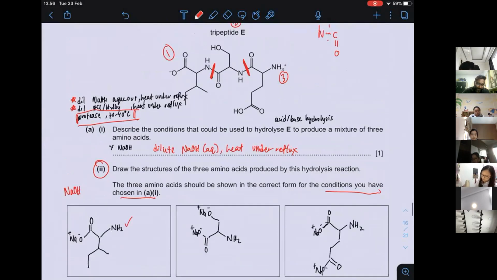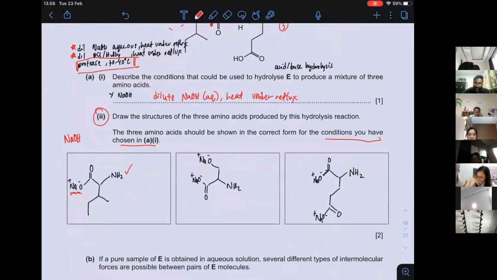So the Na will join in. You are going to get the Na plus coming over here, so you get this salt. If you don't write the salt and you just put O minus, I think that is also accepted. But here, since I'm using NaOH, the Na will come over here. So that is going to be my answer.